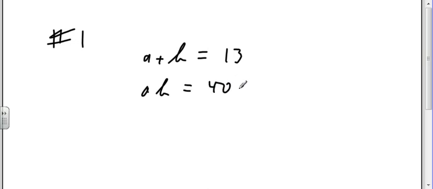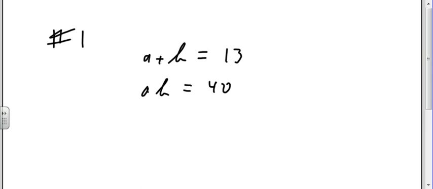All right, so A plus B, the 2 parts, is 13, and A times B is 40. So now I've got my 2 equations, my 2 unknowns. Can I put it in my calculator and solve it? 8 and 5.